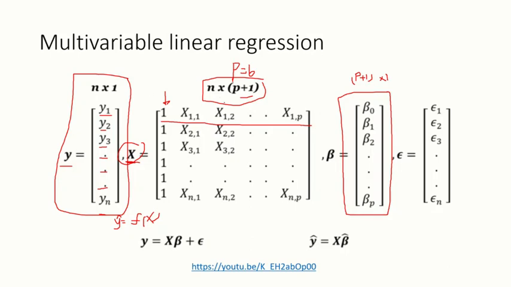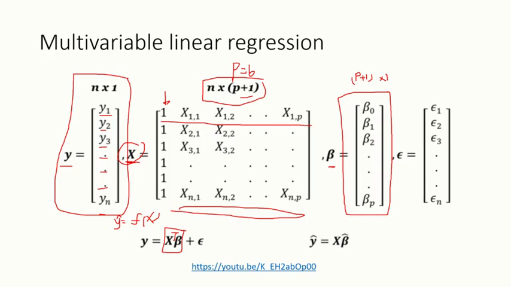So this is n by 1, this is n by p plus 1, and we can write the multiplication form. If you multiply matrix x with beta, you probably have to transpose this in order to make the multiplication meaningful, because we have to have the inner dimensionality match.